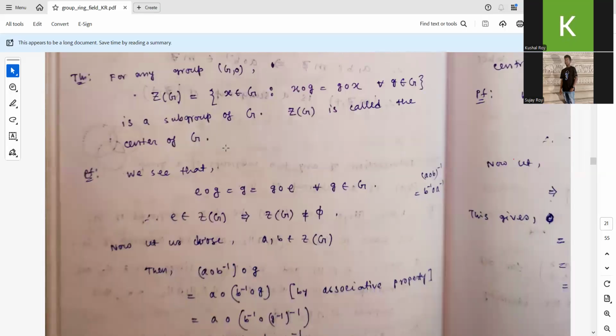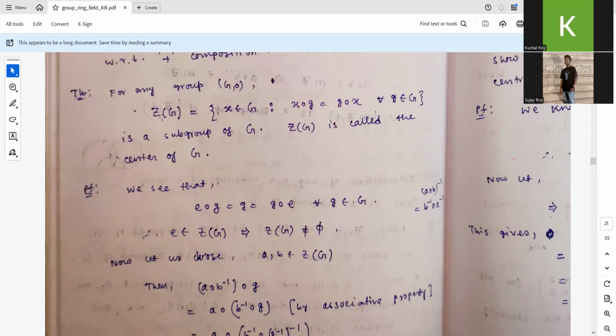So, discussing some important subgroups of a group. First we define the center of a group. What is the center? The center is ZG.